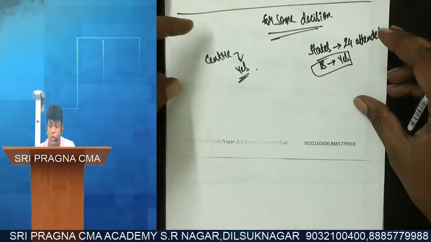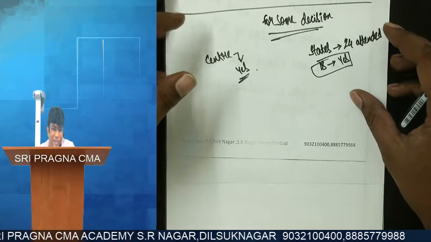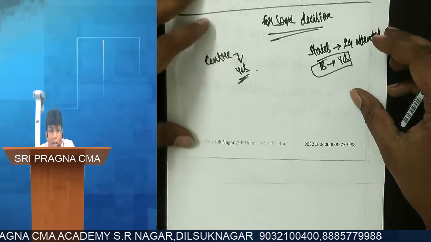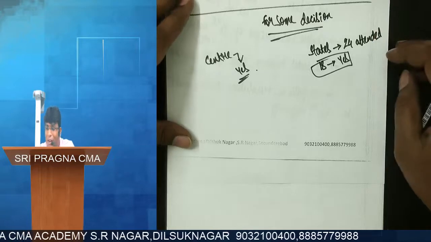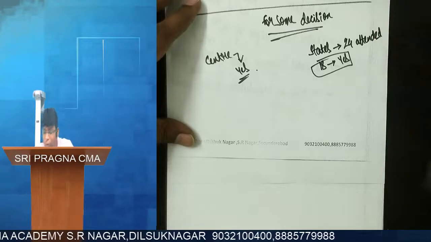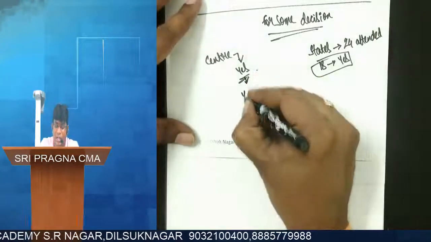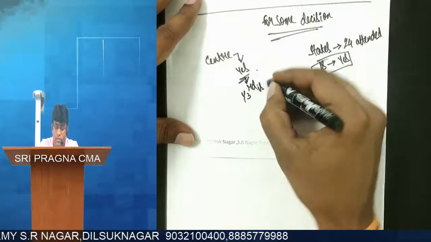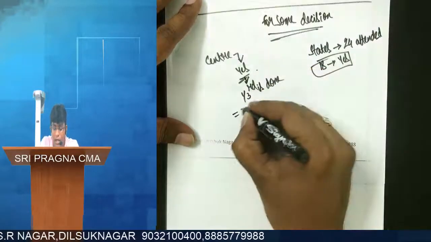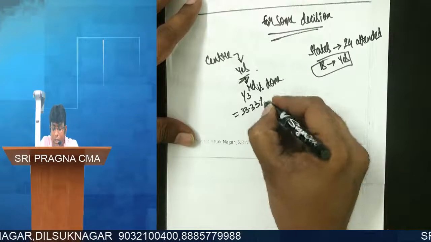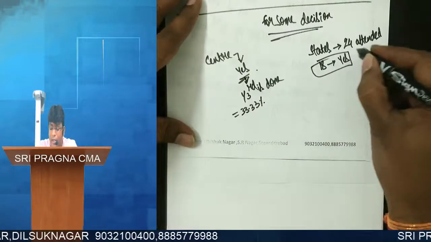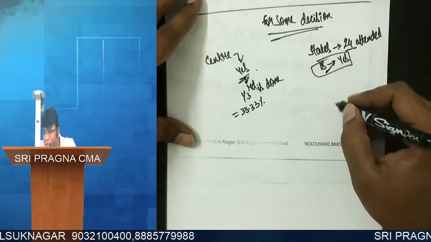Sir, out of 24 state representatives who have come, 18 told yes. Then we have to understand whether the decision will be taken or not. How? Listen. When center told yes, how much is done? 1/3 is done, which is nothing but 33.33%. Here, 24 came, 18 told yes. Correct, no?